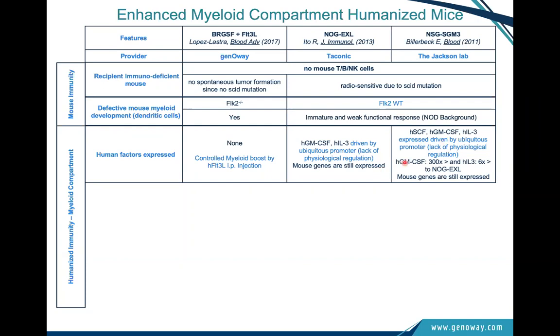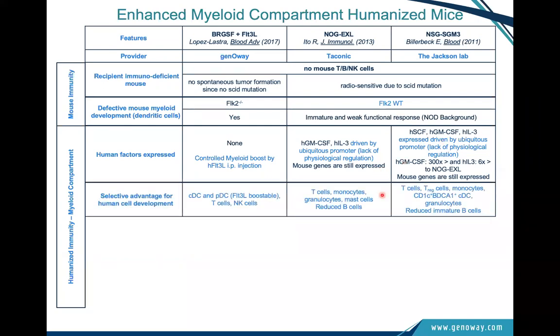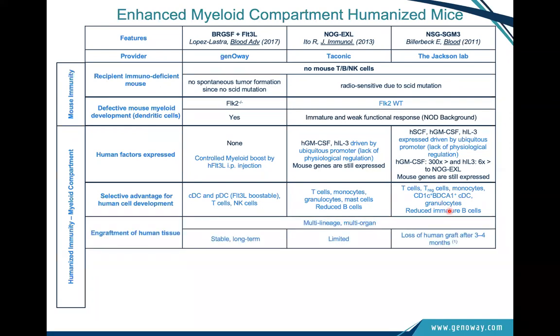As such, you're going to see some side effects that I'm going to show in the coming slides. They have a reduced and immature B cell number. The engraftment of human tissues is limited to 3 to 4 months here due to the overexpressed cytokines. Here it is reported to be limited, and people tend to say 6 months.